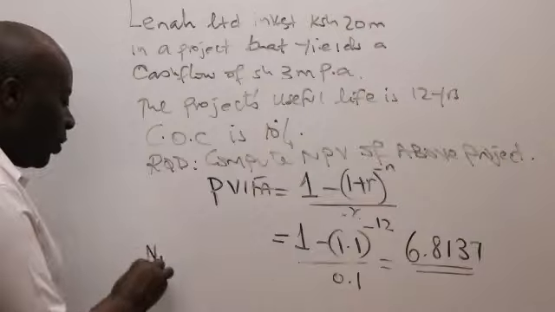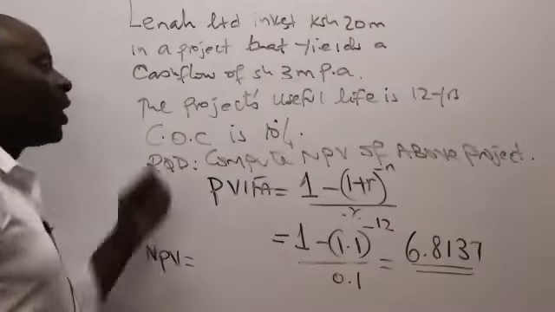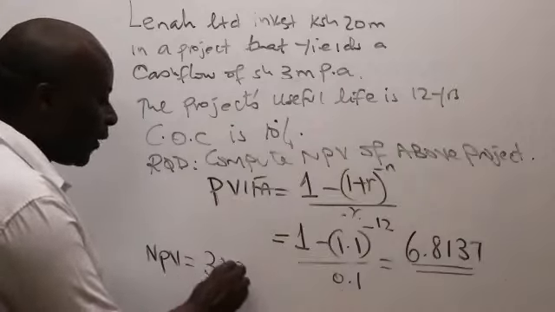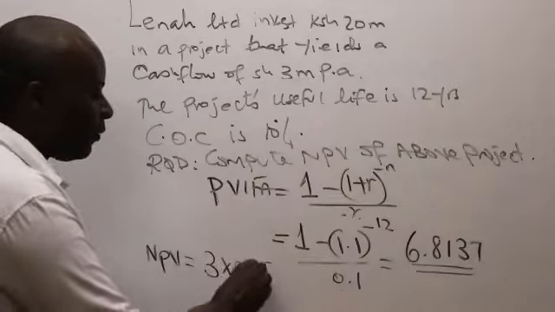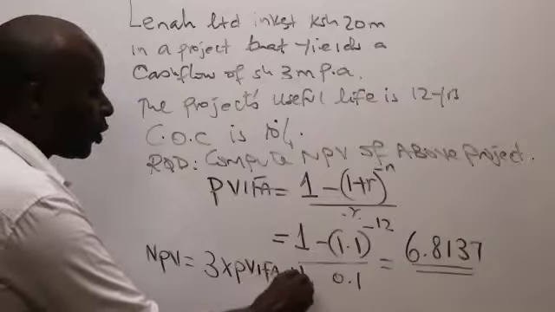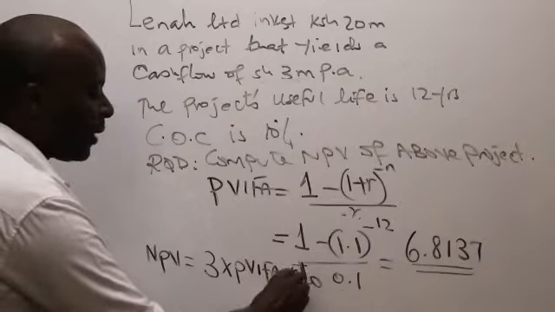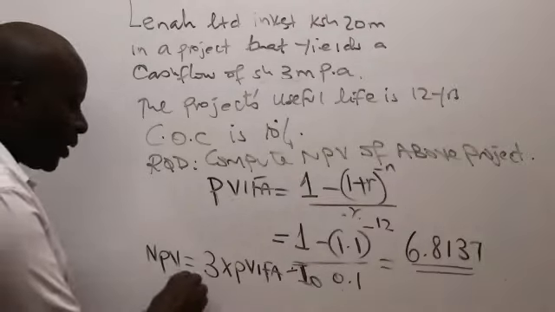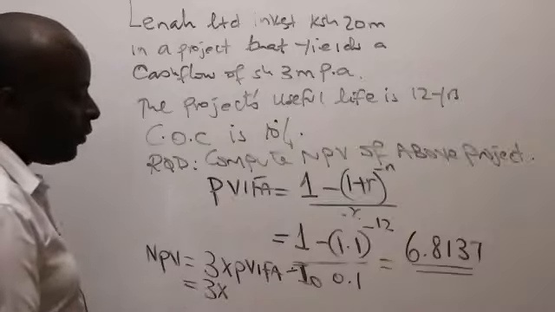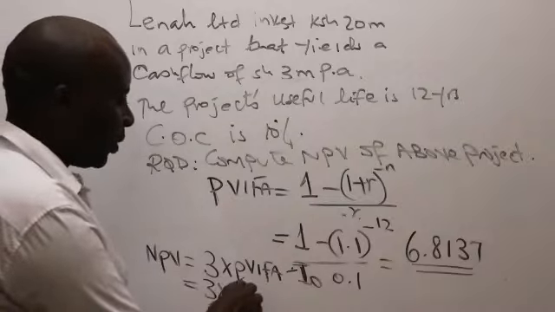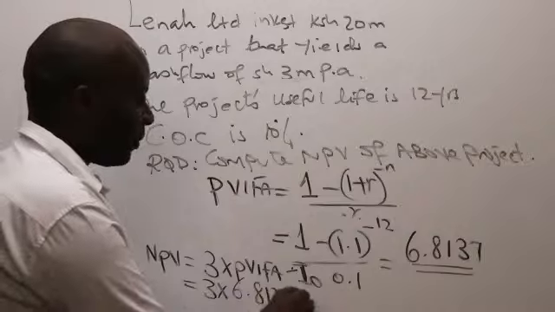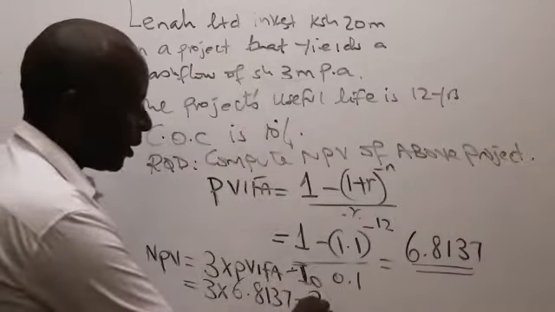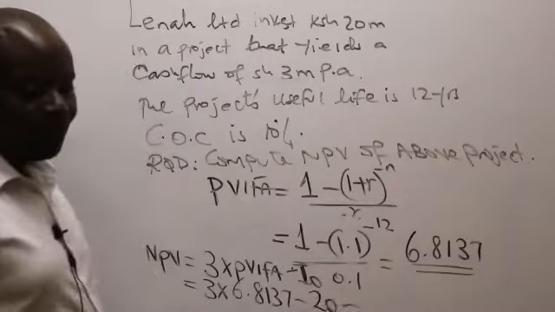So once I have my PVFA like that, I should be able to get net present value. And how do we get net present value? I'll take the future cash flow, which is 3 million, times PVFA, minus the initial outlay. In this case, it's 3 million cash flow times the PVFA you have just given me, which is 6.8137, minus the initial outlay of 20 million.